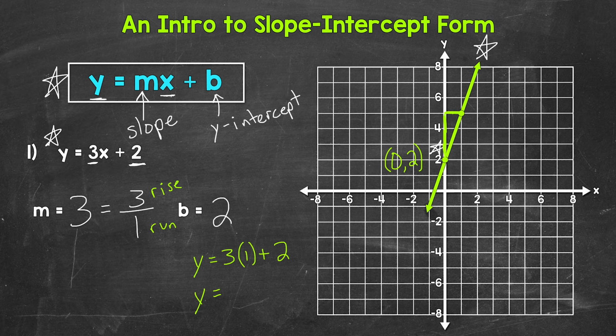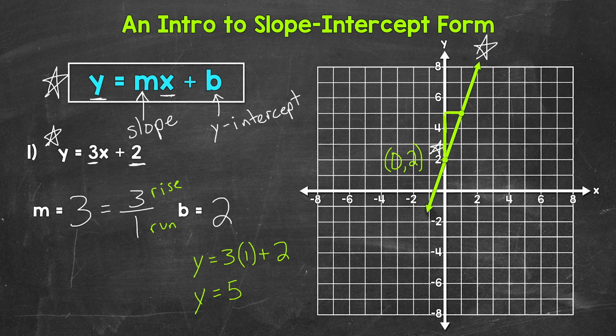So y equals 5. And we can see from the graph that that is true. If x is 1, y is 5. That's a point on the line. Maybe we want to figure out what y will be if x is 6 or 15 or 20. Whatever the case may be, we can use this equation to figure that out. So just remember, x and y represent the coordinates of any point on the line.